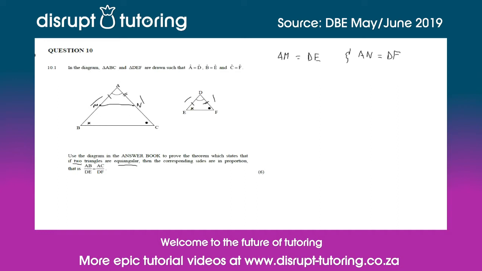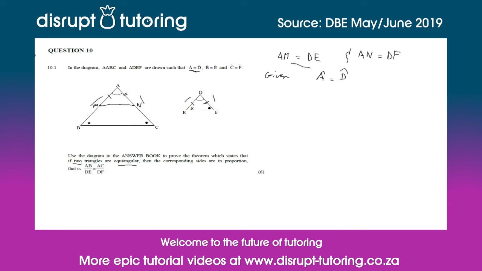So we've constructed that, and it's also given that angle A is equal to angle D, because remember over here it's given.